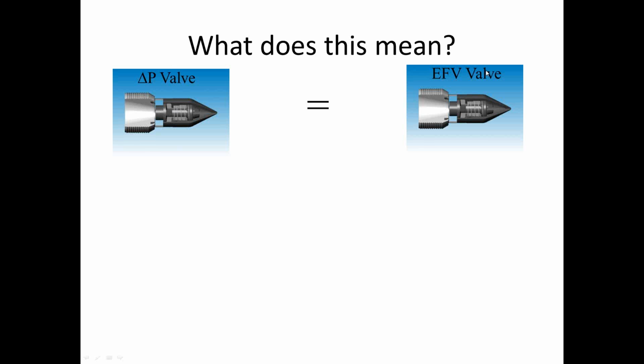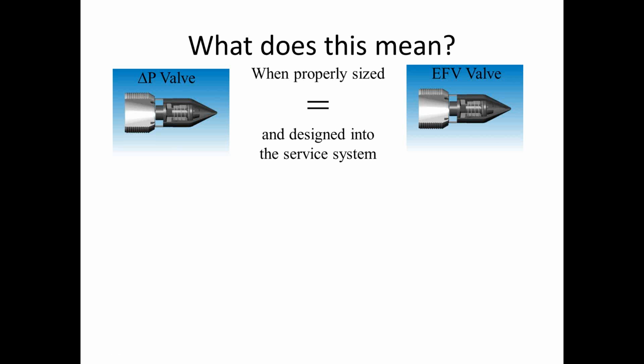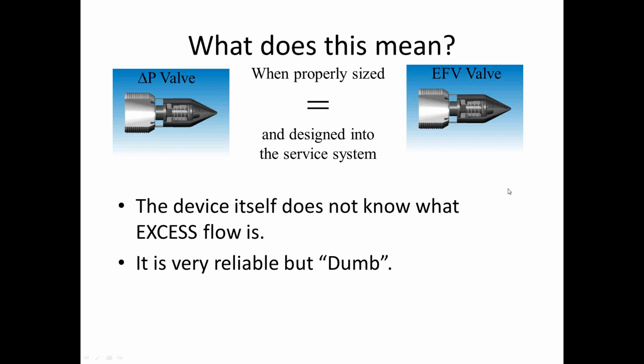So when does it become an excess flow valve? We refer to them as excess flow valves. When does that happen? Well, it happens when it's properly sized and designed into our service system. It's really a cooperation of the device itself and its application into the gas system that makes it the excess flow valve or the safety device that we have designed it to be.